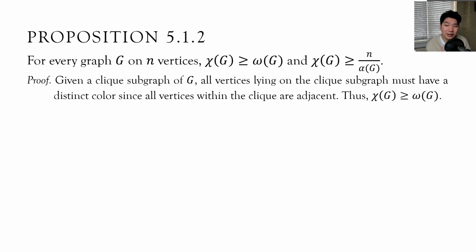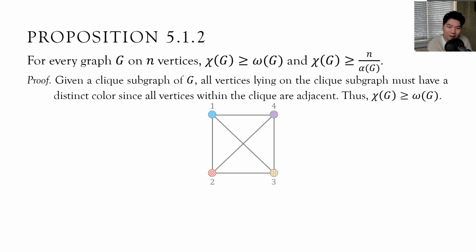Thus, this automatically gives me that the chromatic number has to be at least omega of G. So here, for example, I have K4, the 4 clique. Remember, in a 4 clique, we have 4 vertices, and all of these vertices are adjacent to each other by an edge.